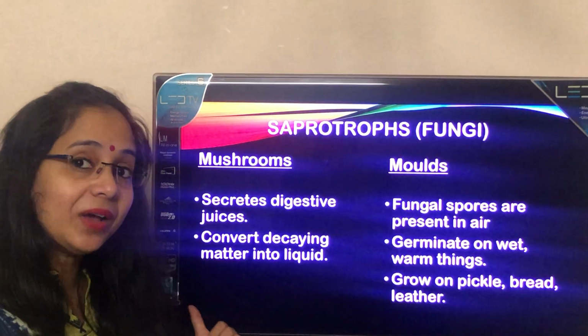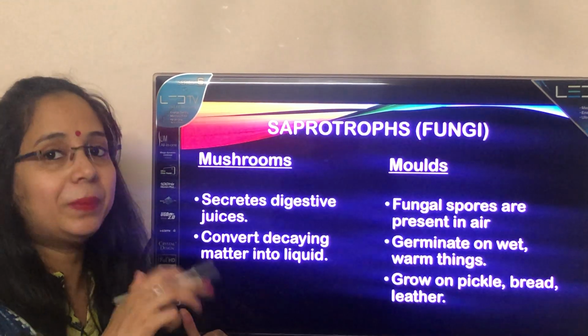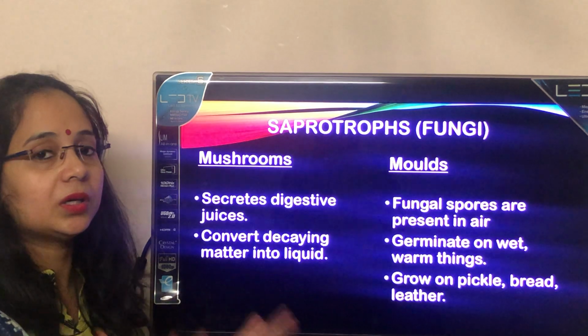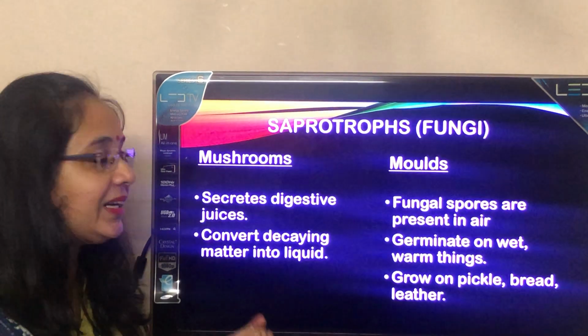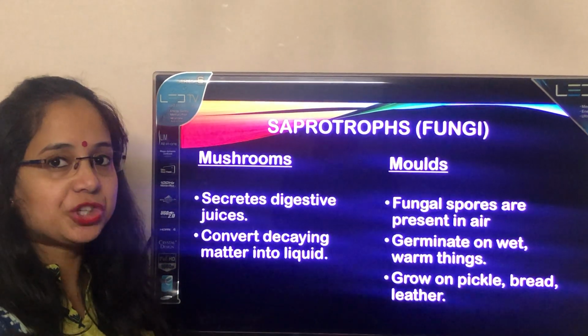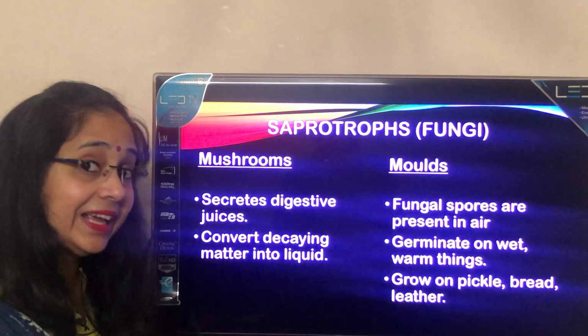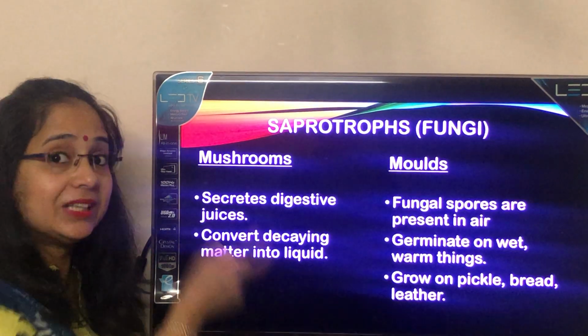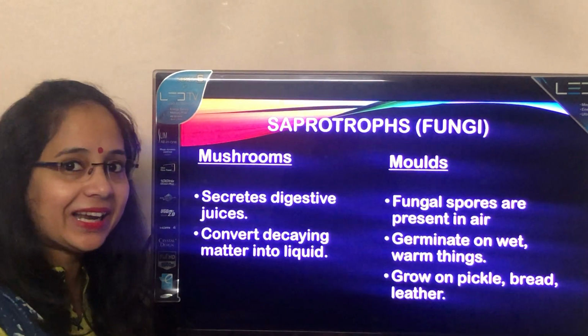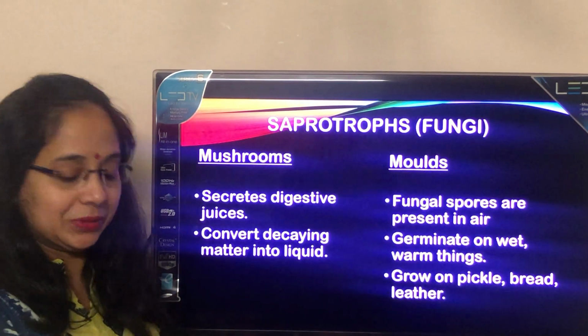In the last slide you have seen mold on bread. So those mold patches get the correct temperature and humid conditions so that they can grow. So they are taking their nutrition from the bread. Bread is also organic matter, because we are getting bread from organisms.